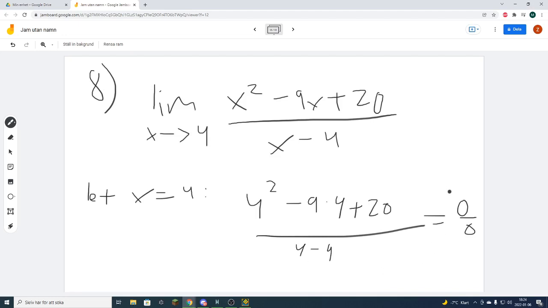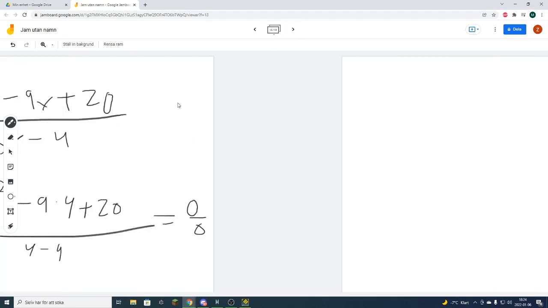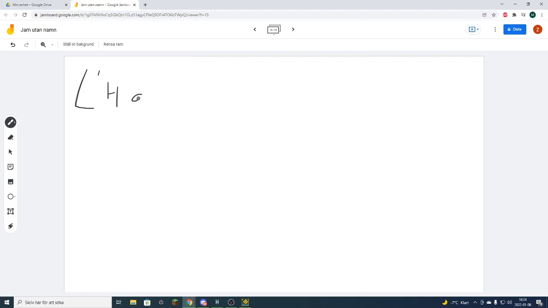That being said, the fact that we have 0 divided by 0 means we can use something called L'Hopital's rule, which states that in the case that we get an indeterminate form for a limit, i.e. 0 divided by 0, then in order to find the limit, what we do is differentiate both the numerator and the denominator, and then take the limit of that.